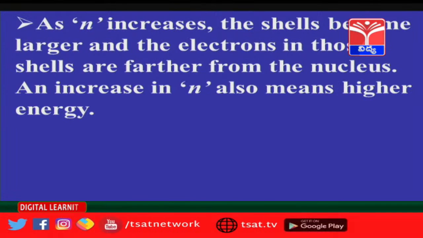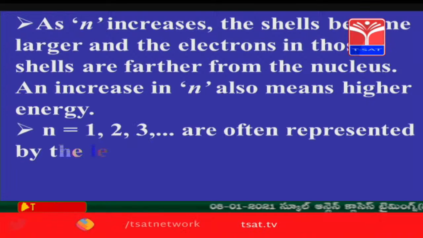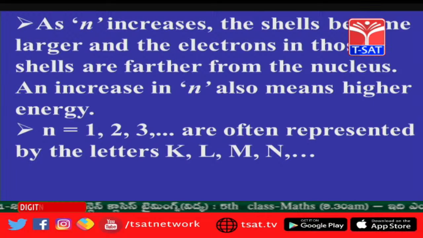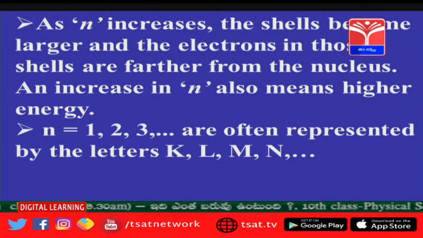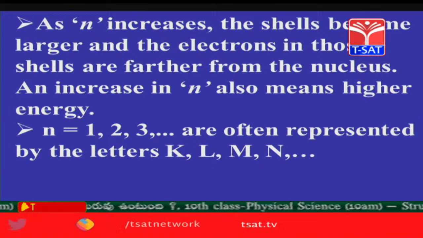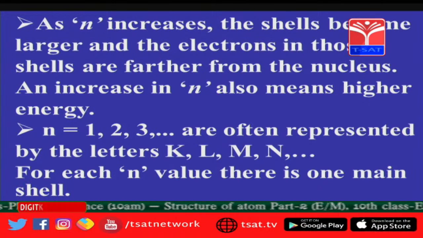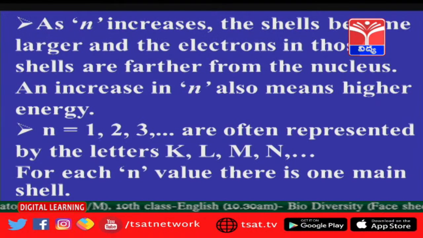It means that as the n value increases, the energy of the orbit also increases. n equal to 1, 2, 3 and so on are often represented by the letters K, L, M, N and so on. For each n value there is one main shell or main orbit.